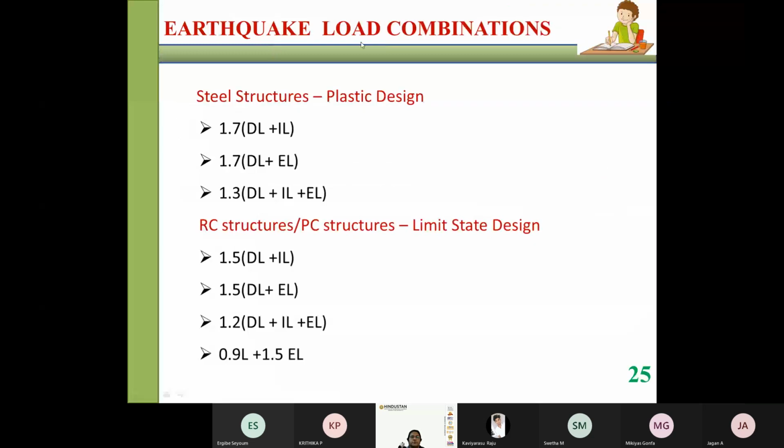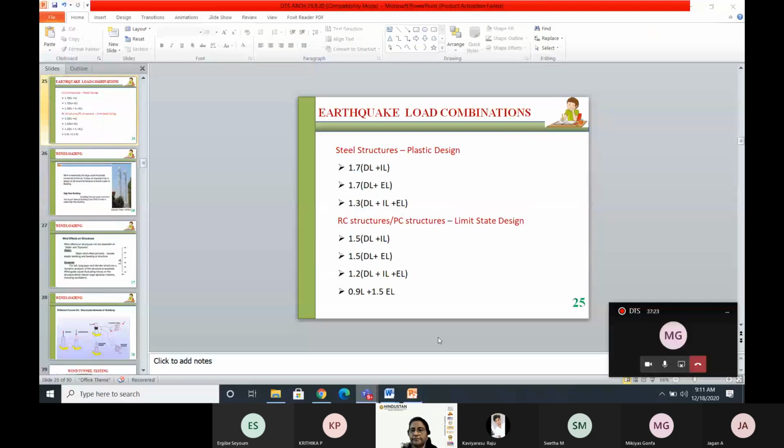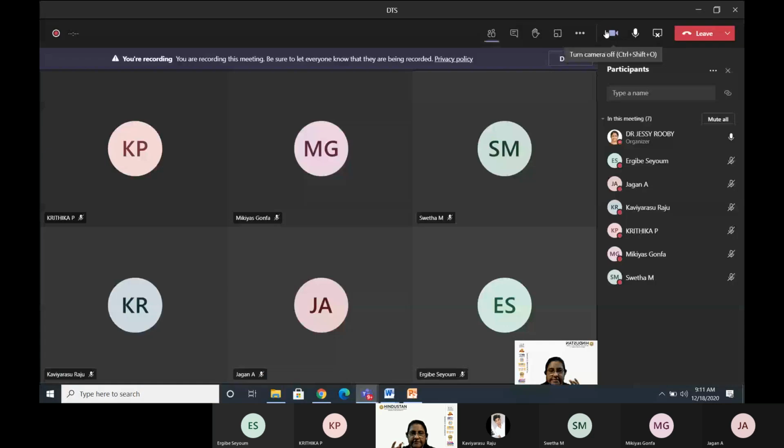Now, earthquake load combinations are many. I want you to download your IS 1893. All of you should keep all these code books with you. IS 875 part 3, wind load, you can just make a note of it.